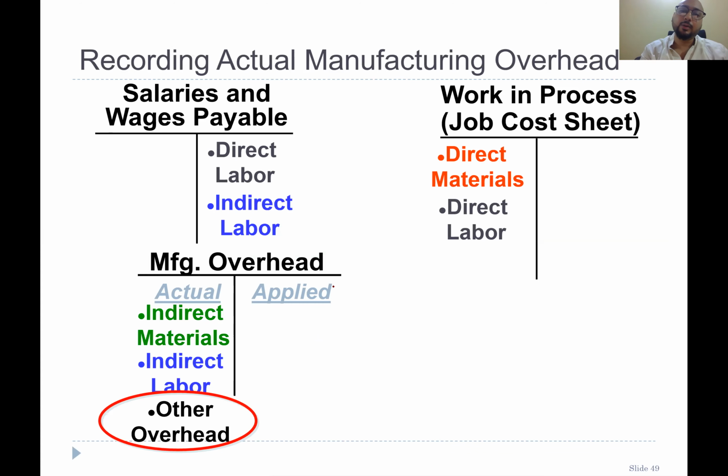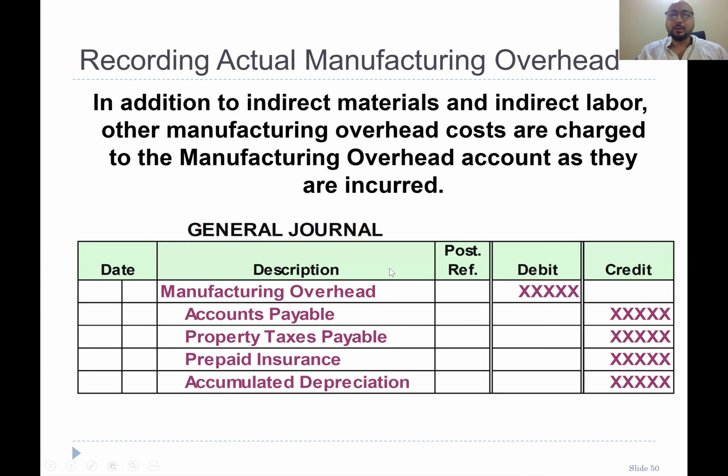That's why we write it down on the credit side. And when we are converting those raw materials into finished goods, then we have actual numbers, right?